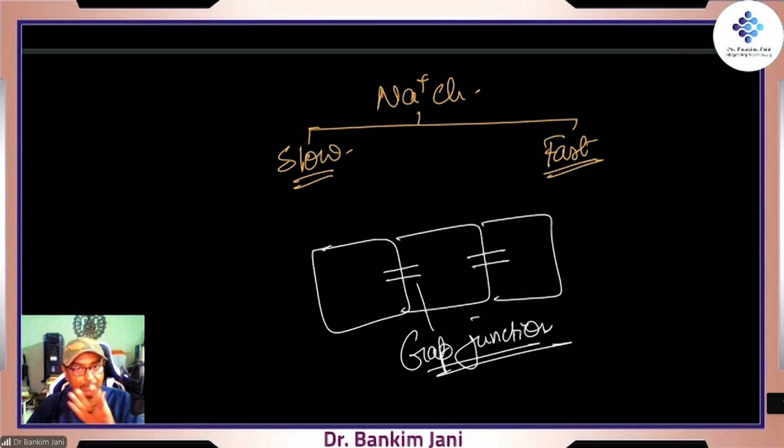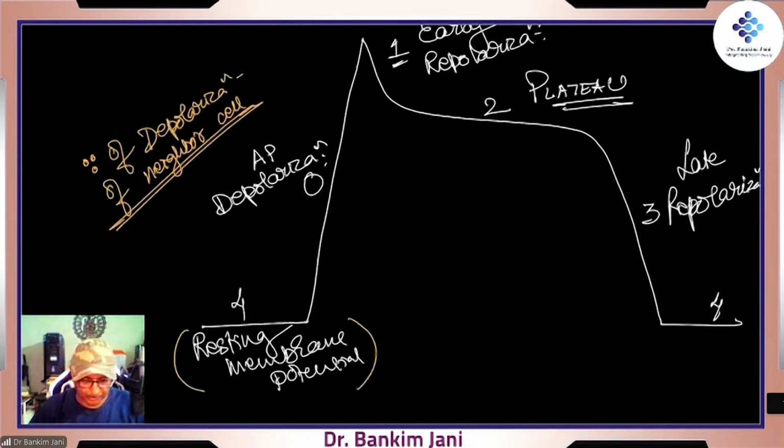It contracts together, because the gap junction is present only in cardiac cells. It is not present in any other tissue of the body. So this is the AP depolarization. The neighbor has sent some ions. That is the action potential depolarization, because the neighbor cell has depolarized.